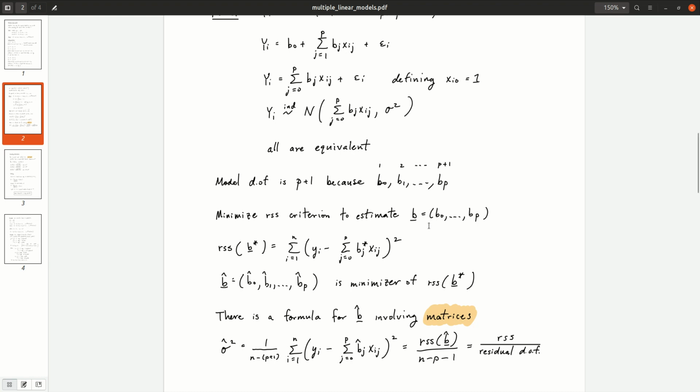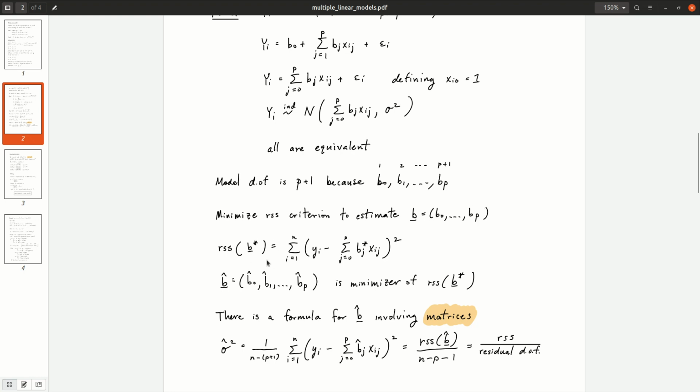The vector b just lists out all the coefficients. Think of this as a notational trick so that we don't have to write out b0 up to bp. So if we write RSS of b star, that's the same thing with stars added here.